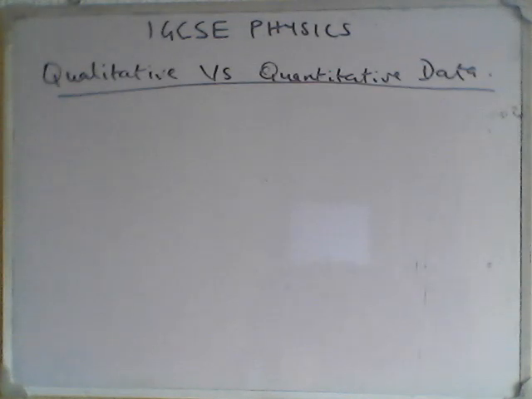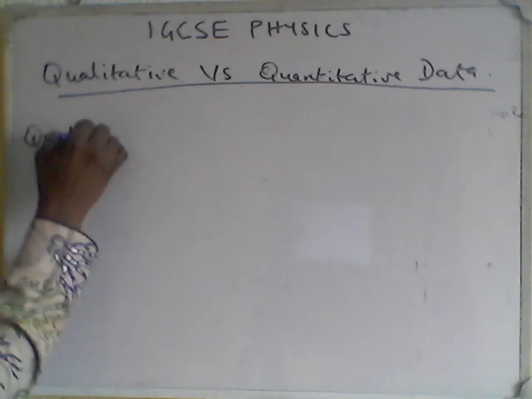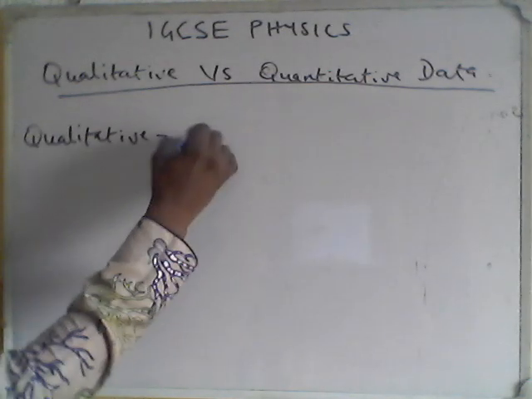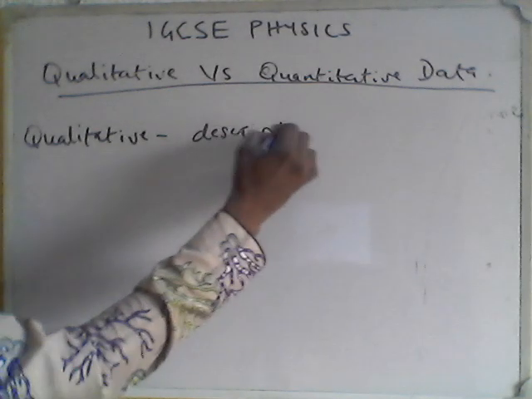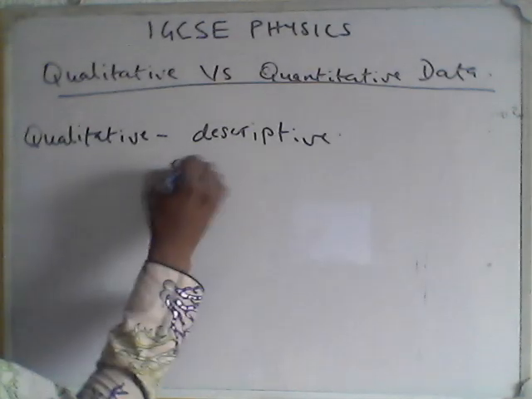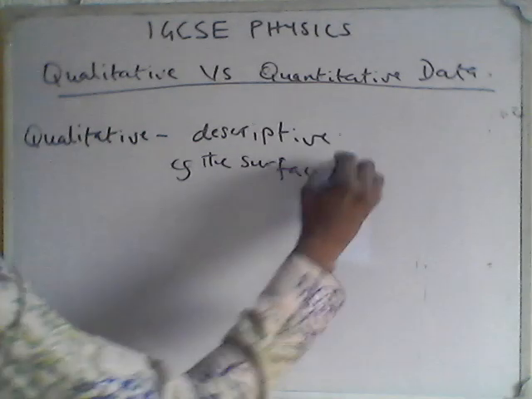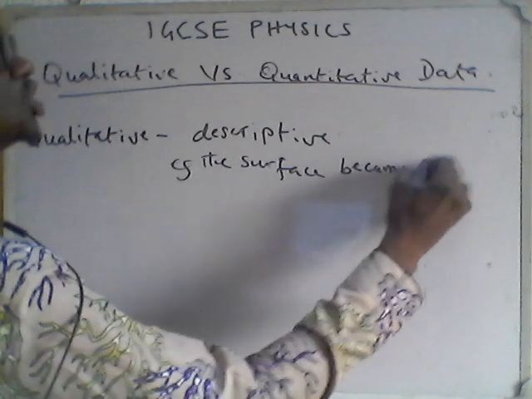So we're going to the next fundamental definitions. I have qualitative and quantitative data. So what is qualitative data? Qualitative is actually descriptive. The word is descriptive. So you want to describe something in physics. E.g., the surface became shiny.